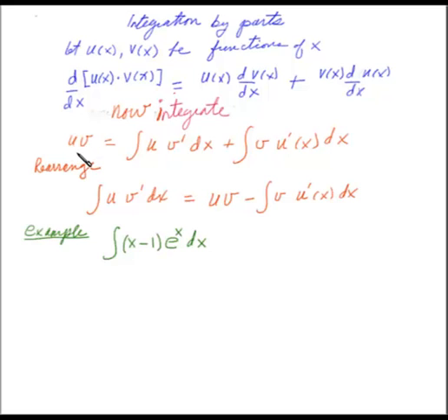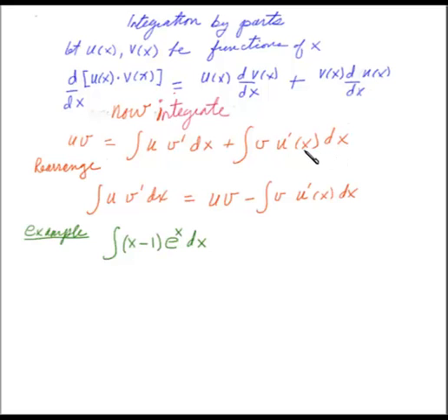And so I've got uv as the integral of the derivative of the product u times v, and that's equal to u of x times dv/dx, which is just v prime. So it's u v prime dx plus v u prime dx. This is just u prime.